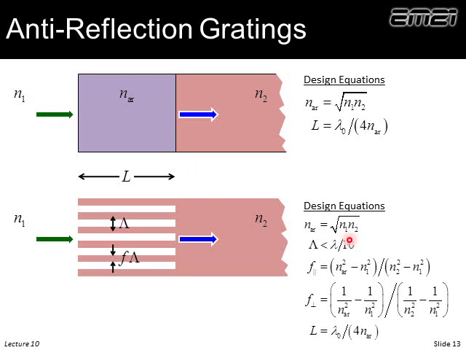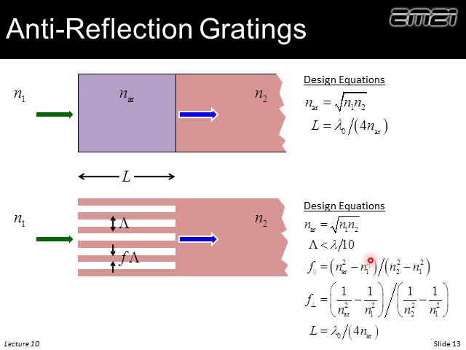So here's how this works. First, we would calculate the refractive index, the effective refractive index that we need to realize in the layer. Then we calculate the grating period. This can be anything as long as it's subwavelength. So I'm just saying less than lambda over 10 here. Now we have two different possible polarizations, and we can solve those effective medium equations for the duty cycle, because we'll know what the effective index is we want to achieve.